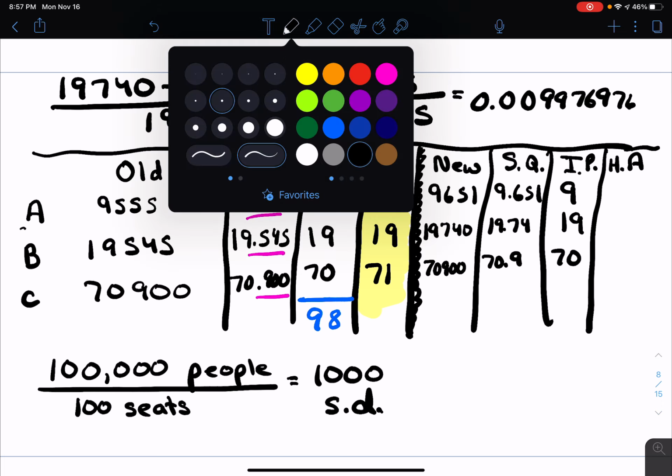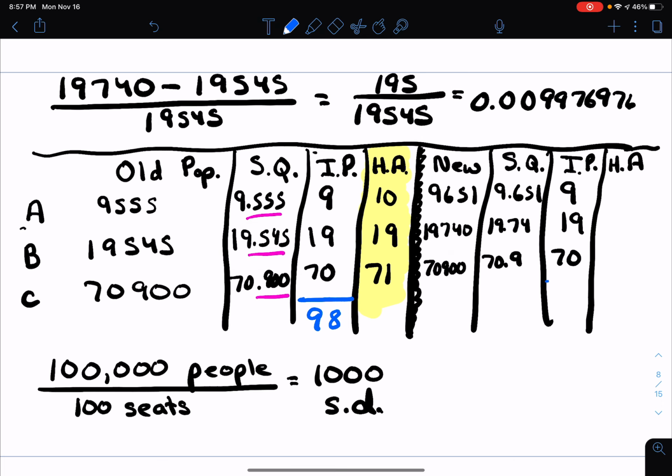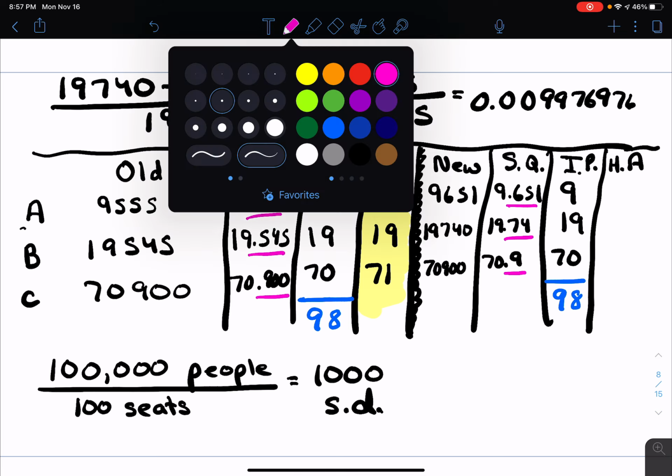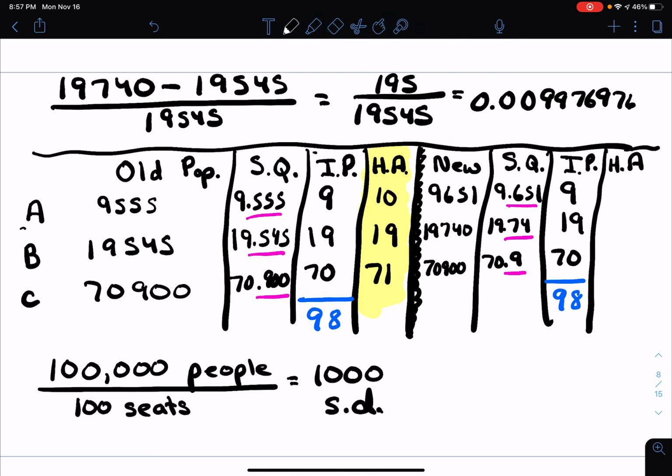All right, so what does that add up to? That still adds up to 98 because it's the same as earlier, but our decimal parts are different. So let's take a look at those. We have 2 to hand out this time, not going exactly the same places.